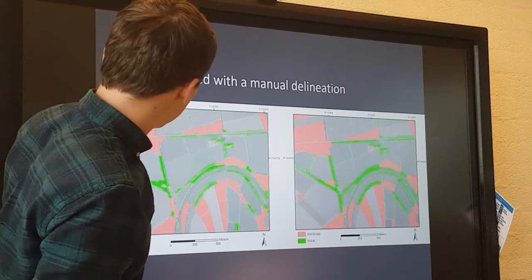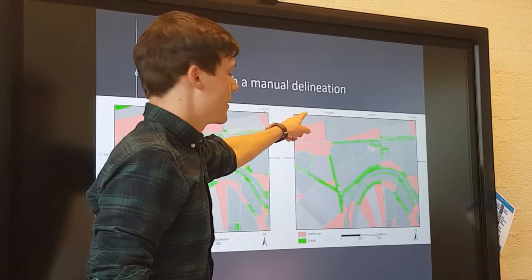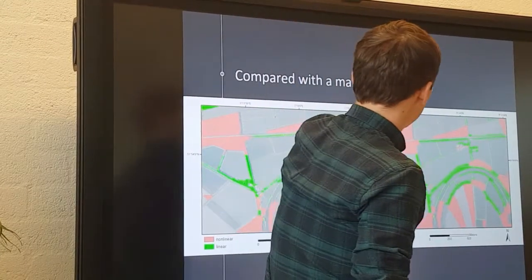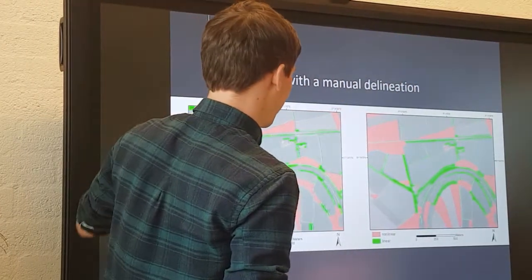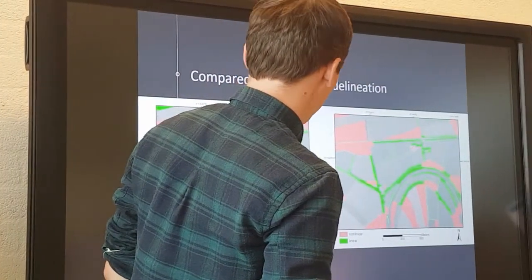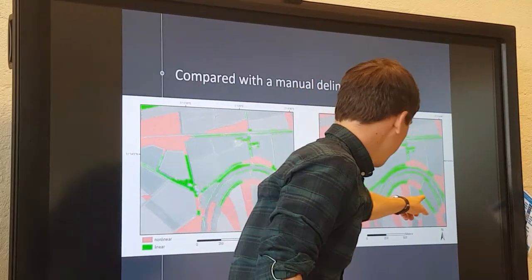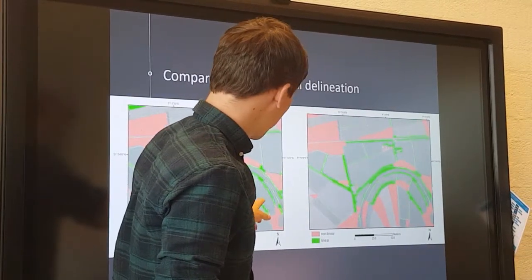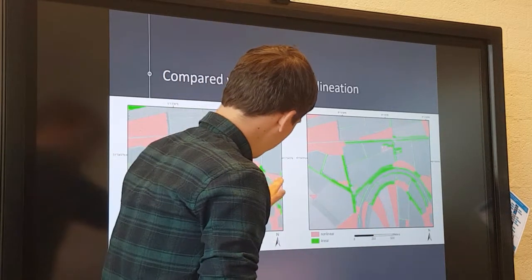Other errors you see are, for example, here, because I didn't classify this as a linear element, because I saw this forest patch was way bigger than it is, but here you have an edge case, so there it doesn't go well. And here you also see a bit of red where here it is green, and this was because these are rows of trees that go like this.